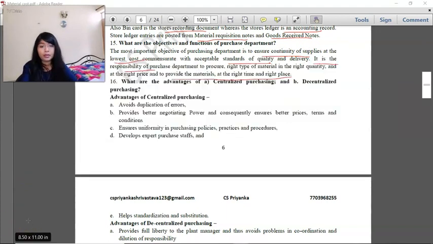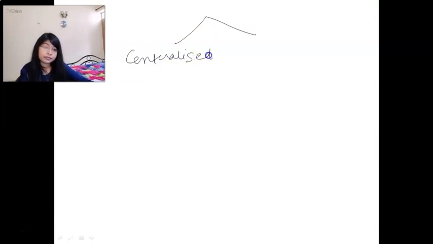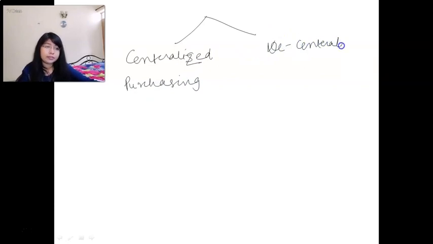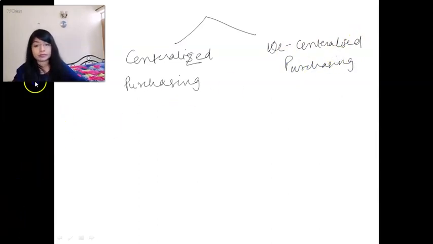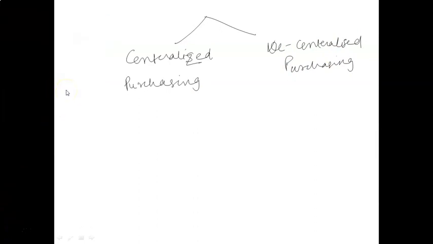Now we have two terms here which we need to understand: centralized purchasing and decentralized purchasing. First let us write something about it, and then we're going to discuss this.